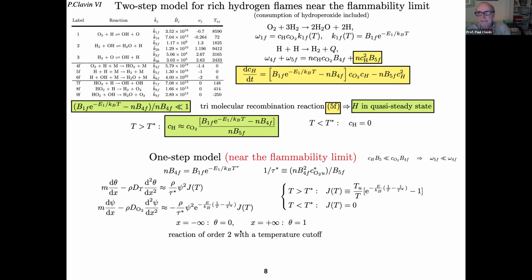So now it's clear that you have reduced your problem, a multiple-step chemistry, to a one-step, including a crossover temperature. And you notice that the order of the reaction, which is the exponent of psi, the mass fraction of the radical atom H, is 2.